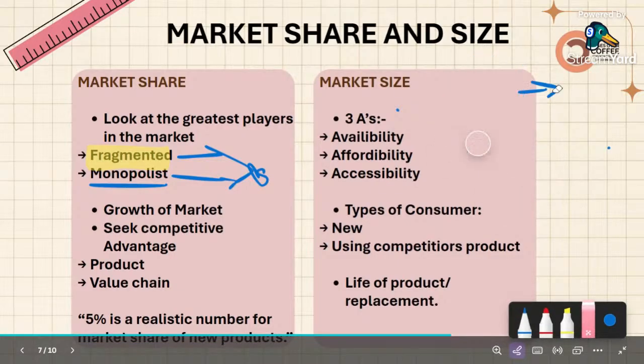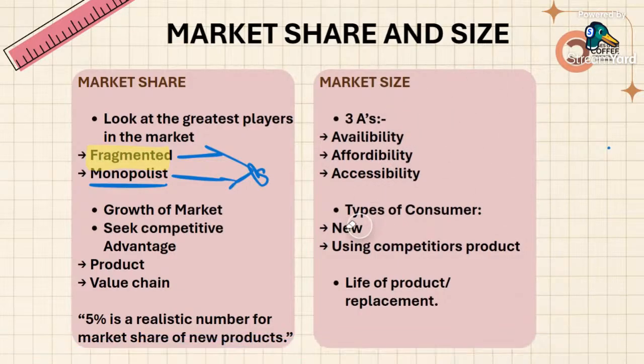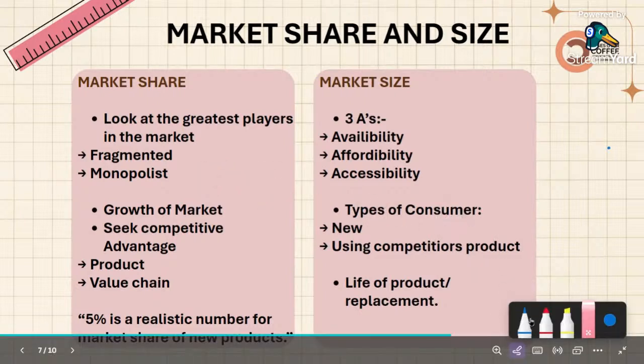And then we can think of other things: if our product is superior to the existing product or the last market entrant's, then we can assume that we can also gain a similar market share.